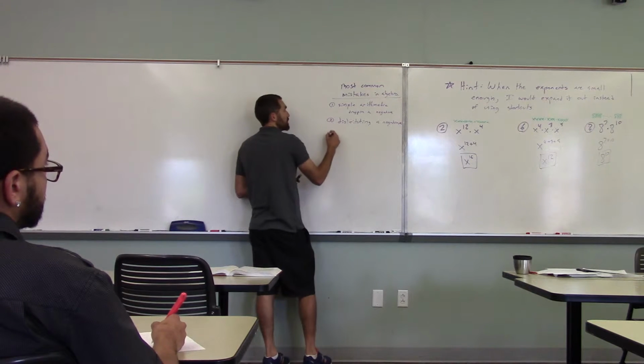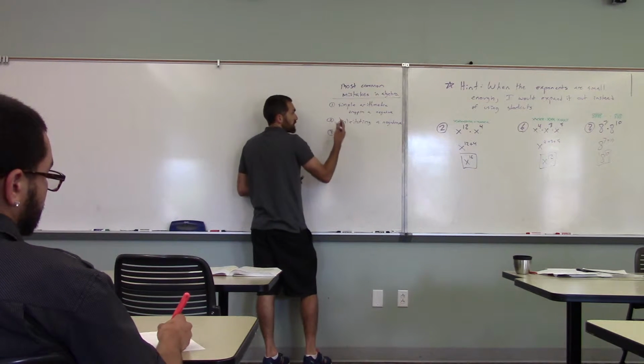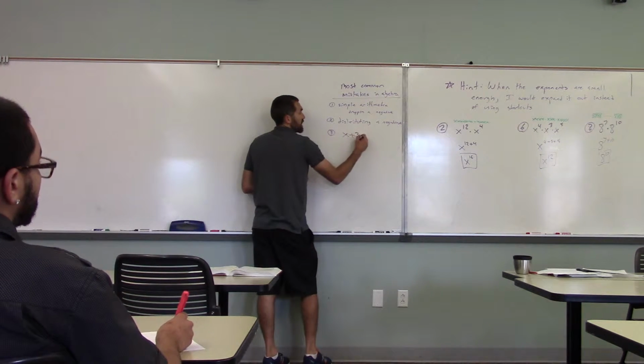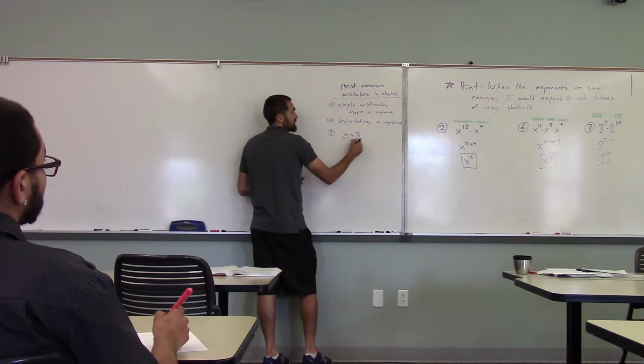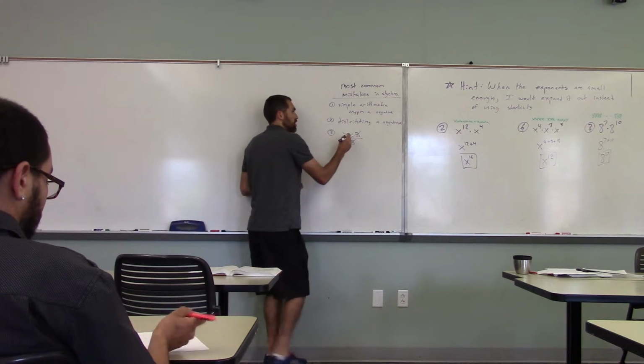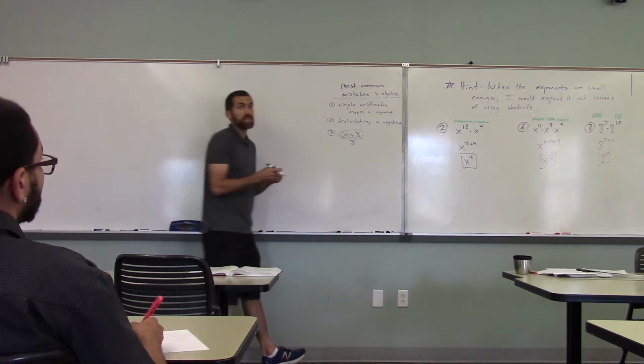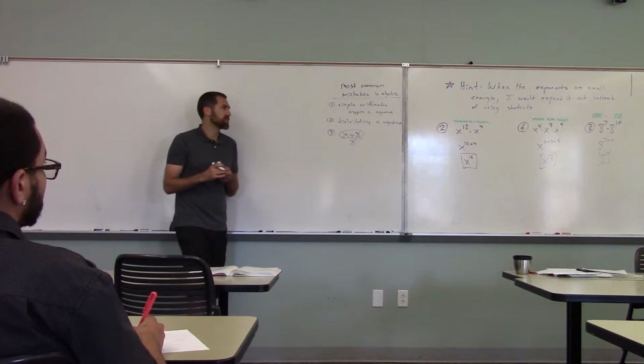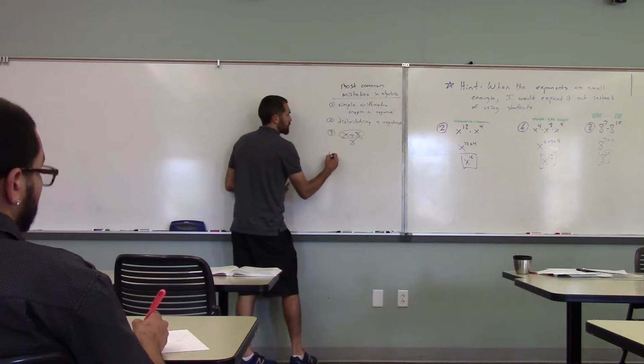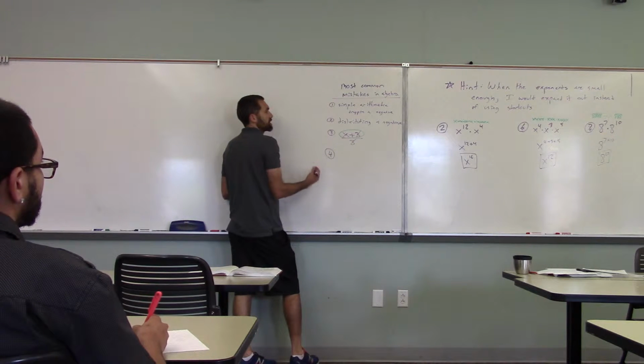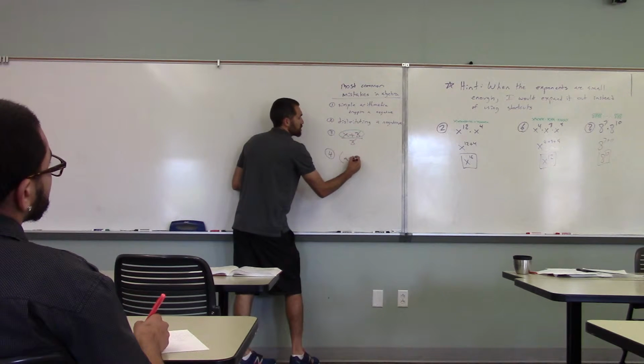The other one is not distributing a negative. And the other one that we talked about, these are both like first week of school. The other one is x plus 3 over 3 and canceling just one part of the group. And that's going to be really common as we come here into polynomials. Okay, this next one that we're going to talk about right now is also really common.